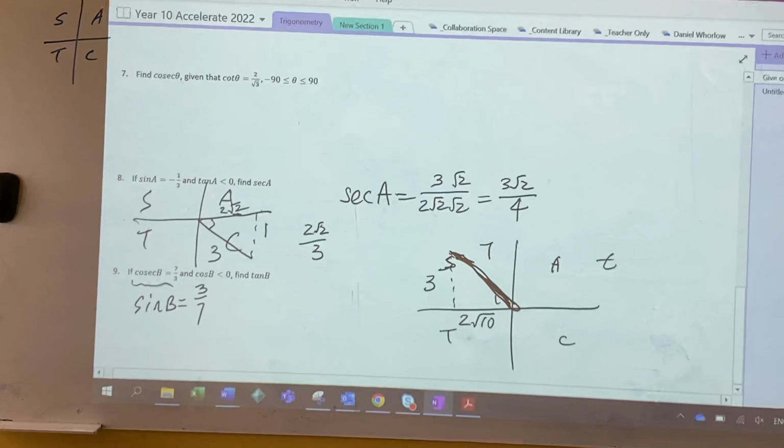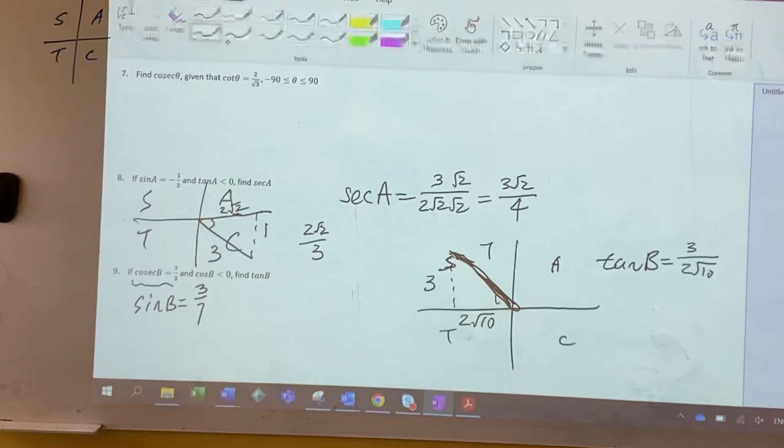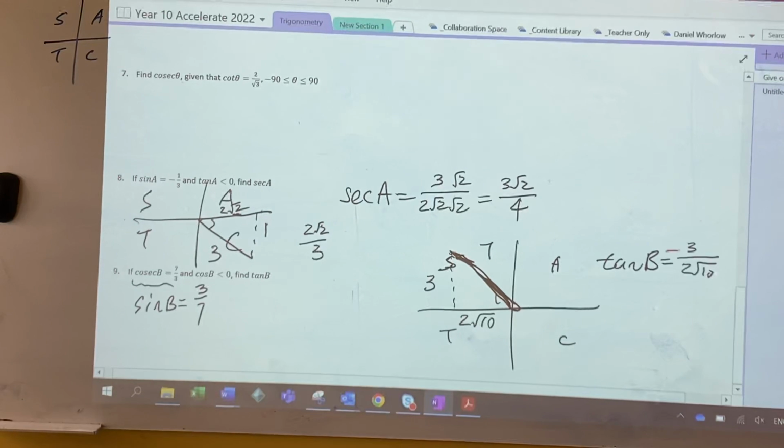Now, tan B is going to be opposite over adjacent. But in the second quadrant, tan is negative, so make sure you do write the negative sign. Then we'll rationalize the denominator.